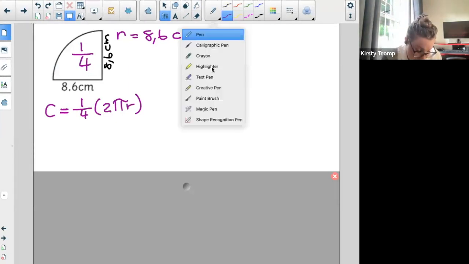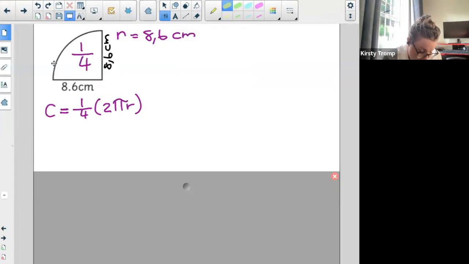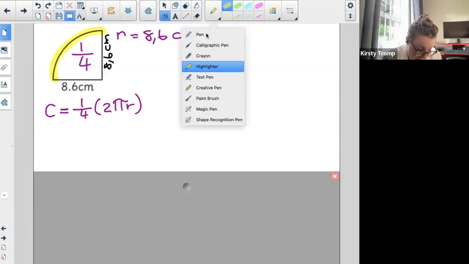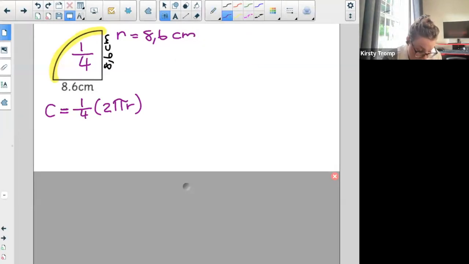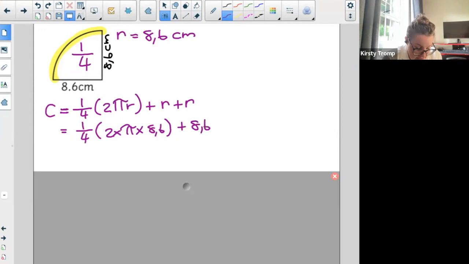So a quarter times 2 pi r. Okay, that takes care of what? That takes care of the space on the outside. Okay, what are we then going to do? We're going to say plus the radius plus the radius. Okay, so if we put our figures in, we're going to have a quarter times 2 times pi times 8,6 plus 8,6 plus 8,6.